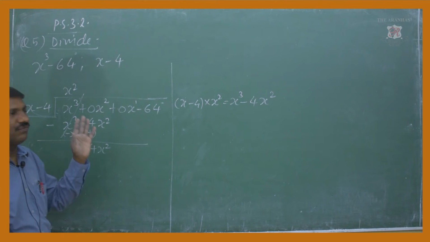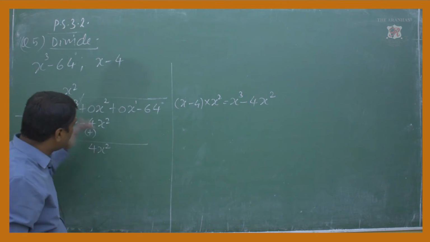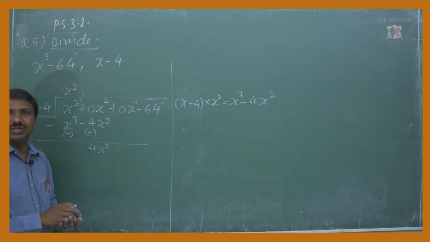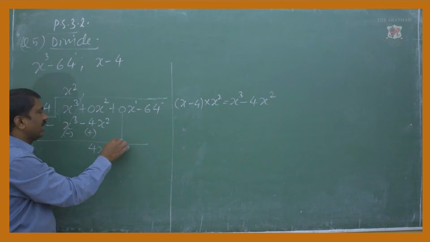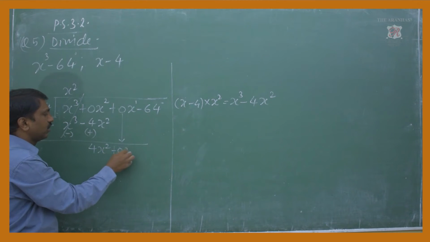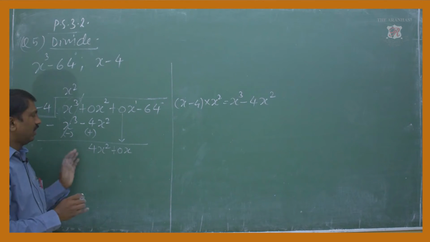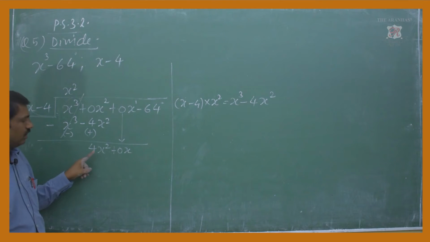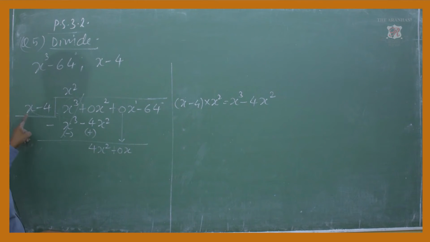So if we make the standard form, then only your arrangement will be the same and the lowest term also you will come to know. The remaining terms we can write as it is, so here it is plus 0x. Now let us see, the first term of your remainder is 4x square and the first term of your divisor is x.